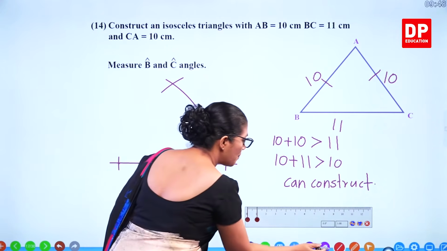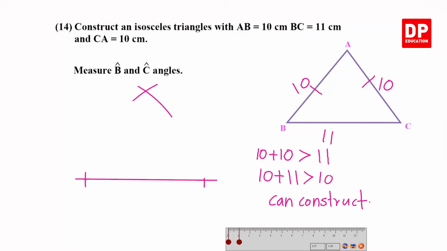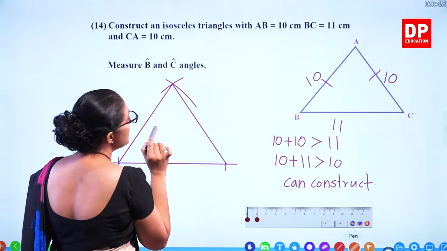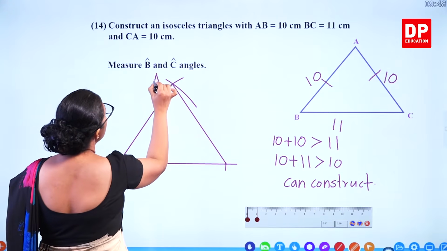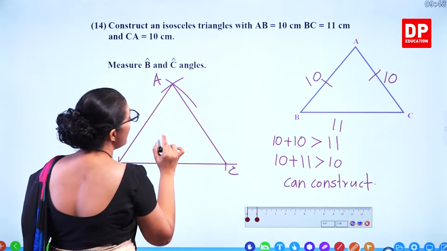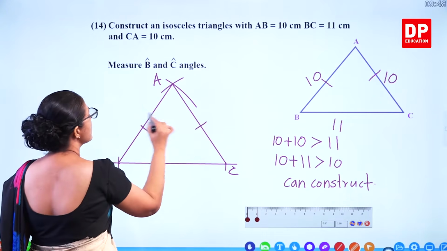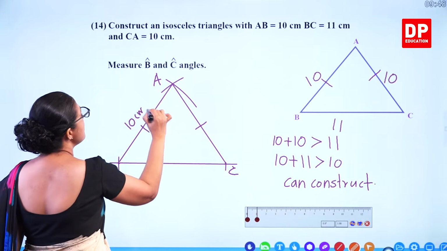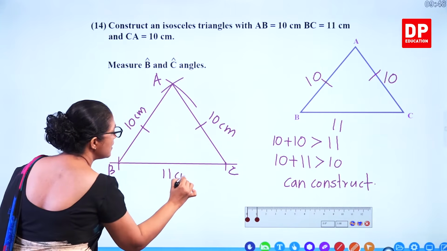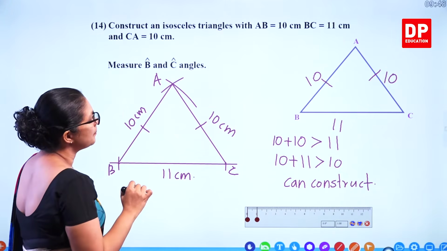Now we have 3 points we can connect with the ruler. Connect this point. So we can mark A, B, C. These two lengths are equal, 10 centimeters, 10 centimeters, and this is 11 centimeters.